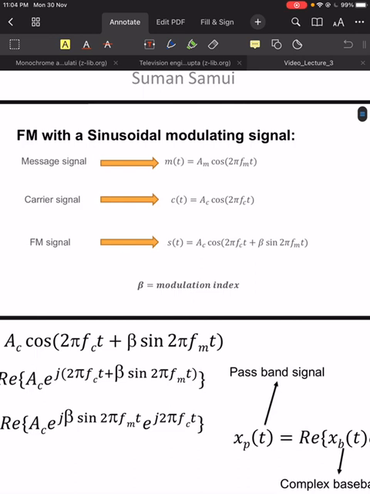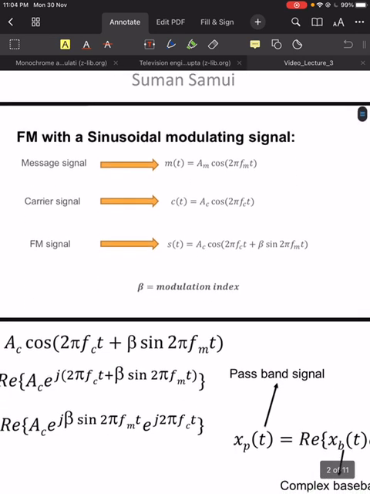So now how to calculate the spectrum of FM signal? Let's see.